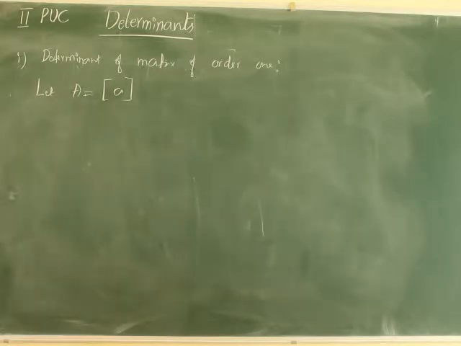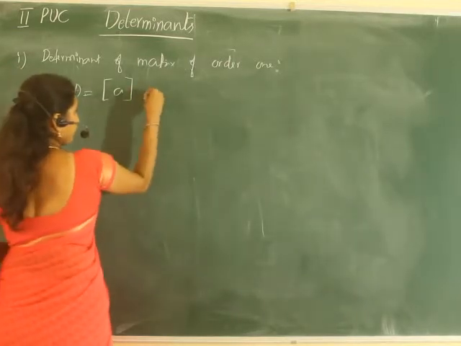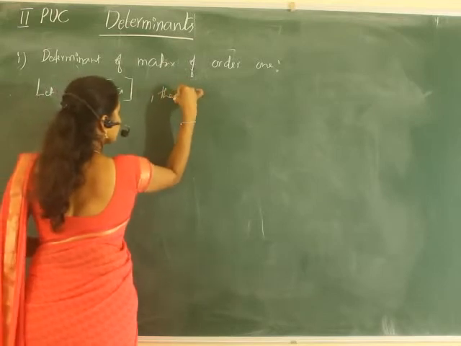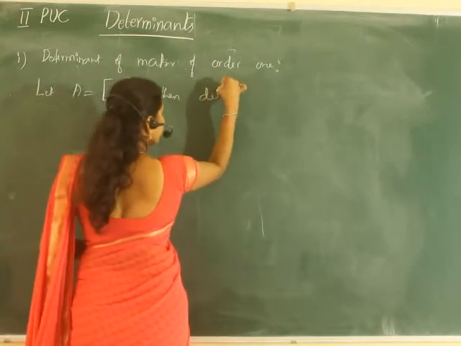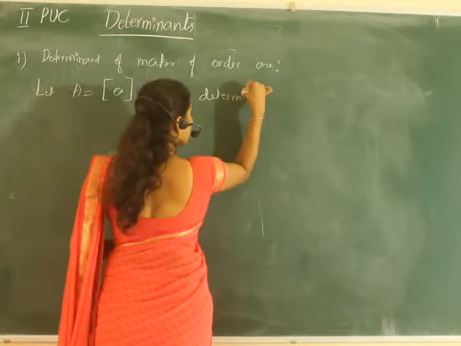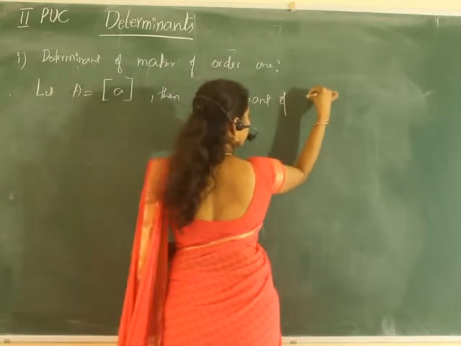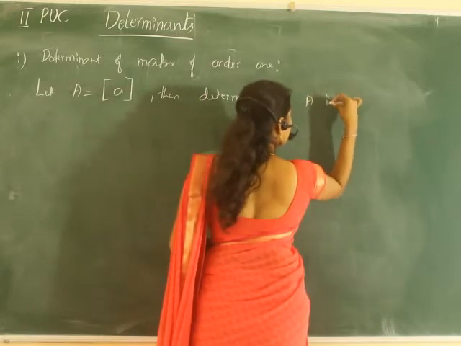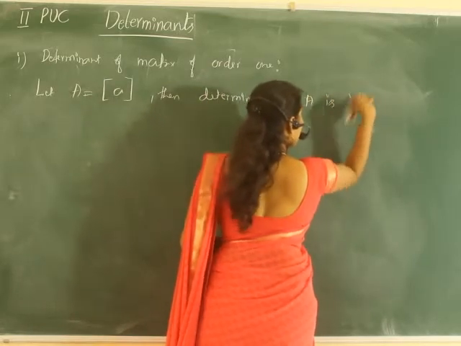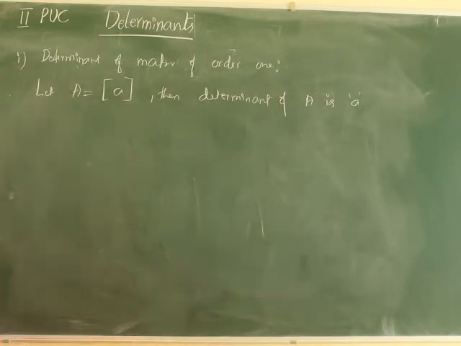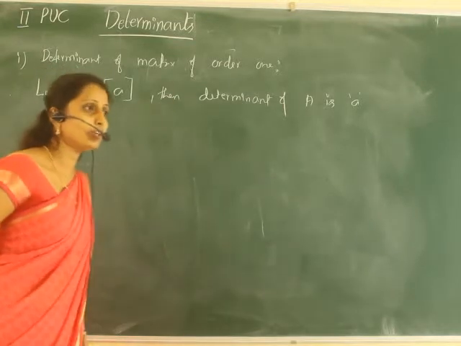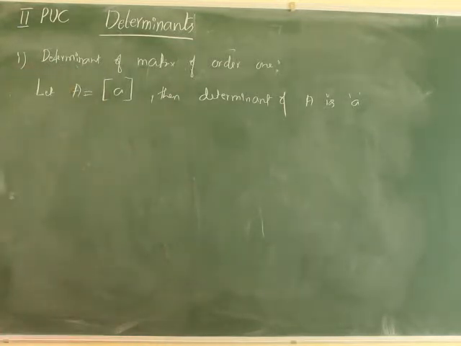Then the determinant of A is A. If the matrix is of order 1, the determinant is only that value itself.